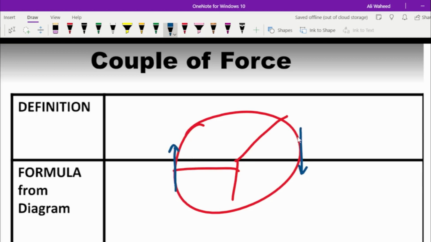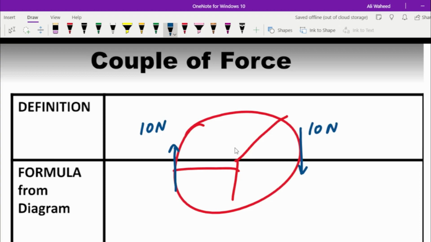And if these two forces are equal in magnitude, and obviously they are opposite in direction, for example, this one is also 10 Newton and this one is also 10 Newton, and these two forces are not being applied at a single point. You see, there's a separation between these two forces. They are not being applied at the same point. In this situation, these two forces form a couple of force.